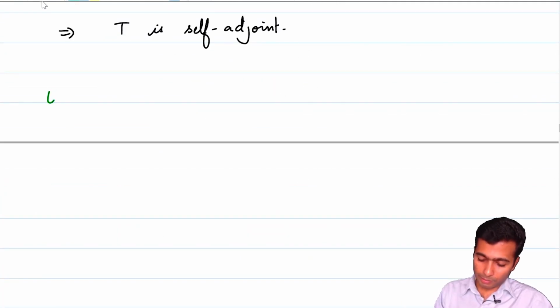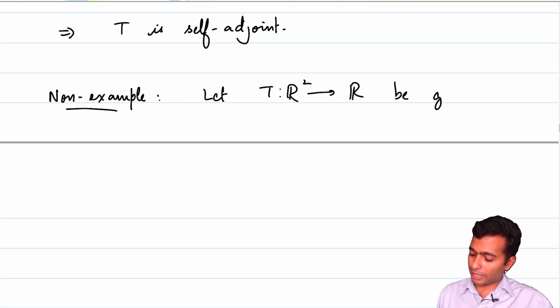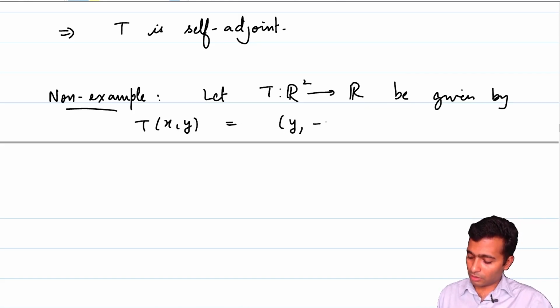So this is an example from above continued. Let me write it as a non-example because this is going to be a linear operator which is not self-adjoint. So let T again from R2 to R2 be given by T of x comma y is equal to y comma minus x.